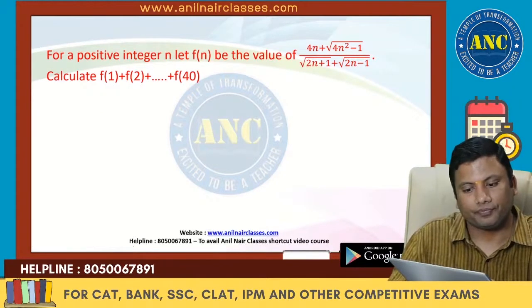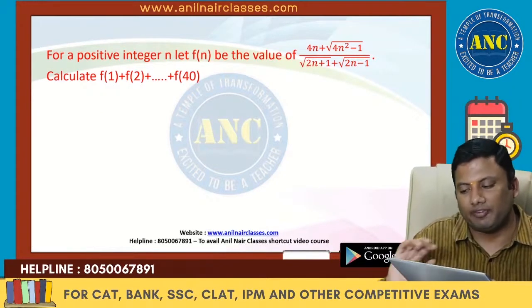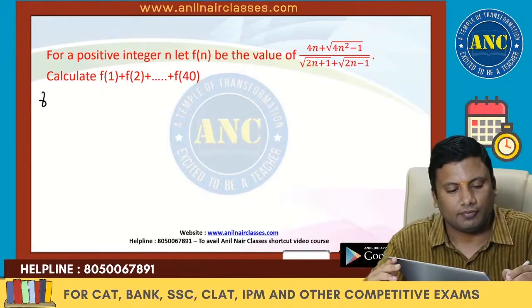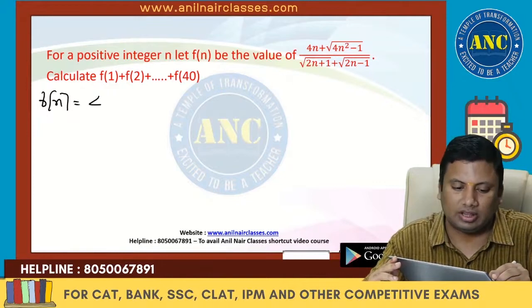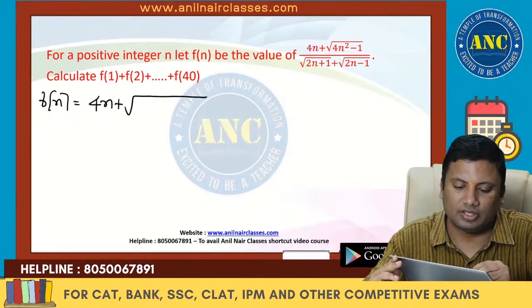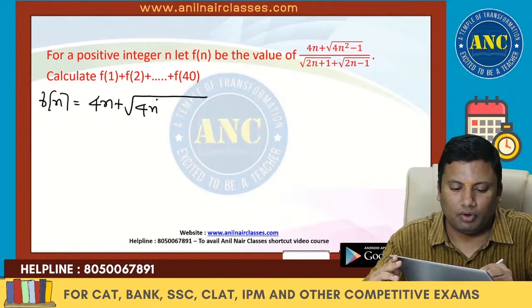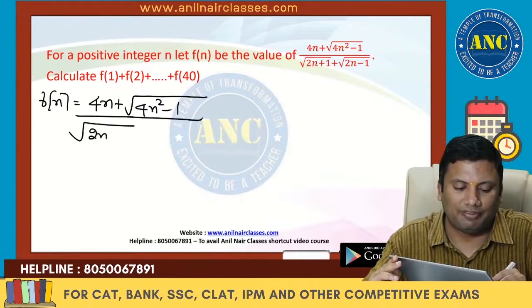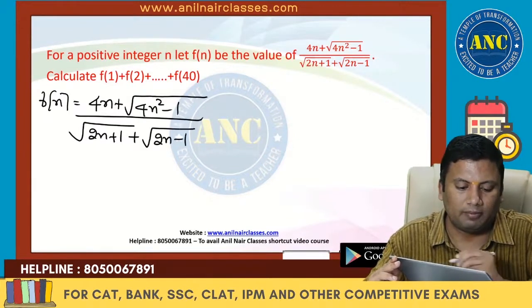Next one. Recursive and iterative function, most commonly asked questions. f of n is nothing but 4n plus root of (4n square minus 1) divided by root of (2n plus 1) plus root of (2n minus 1).